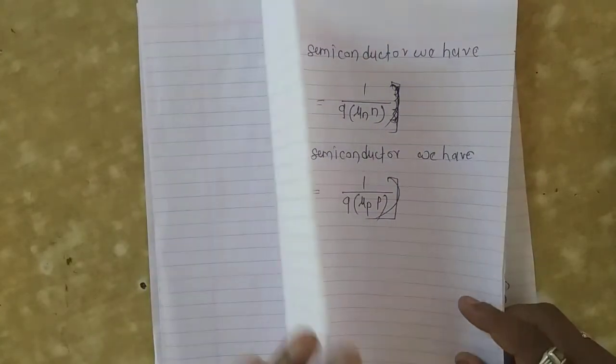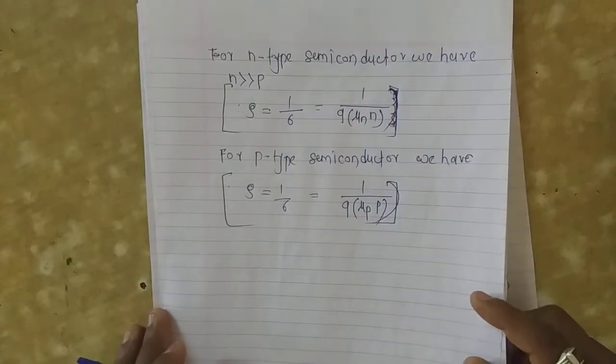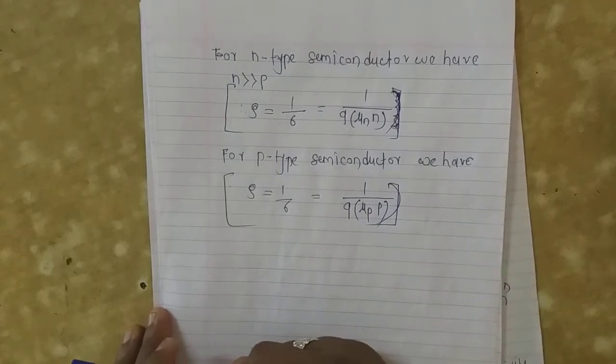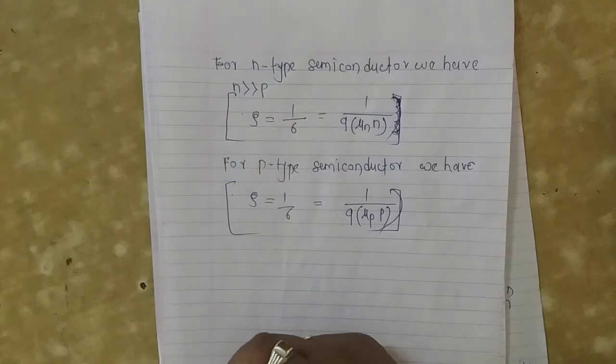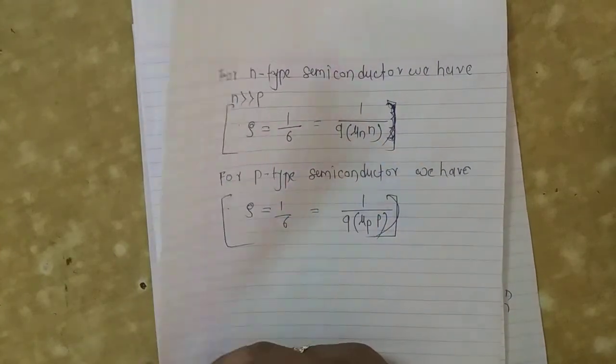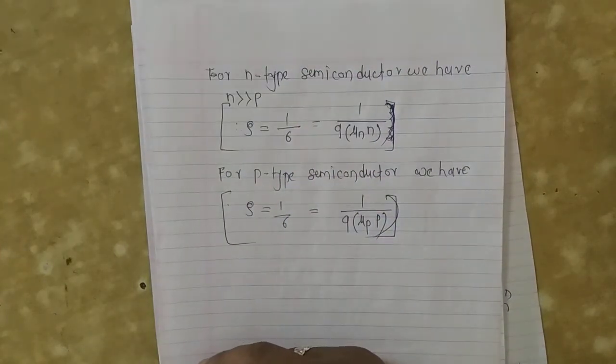And we know p type semiconductor and n type semiconductor. Earlier, in the previous video, we discussed the p type semiconductor and n type semiconductor.